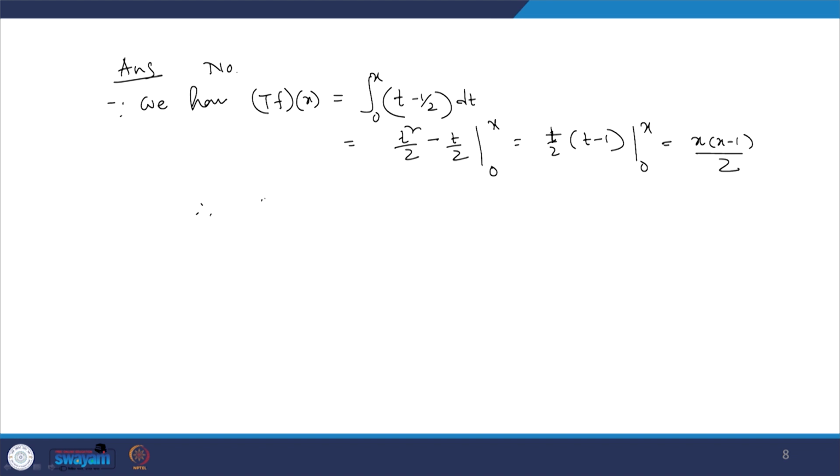This implies x minus 1 by 2 does not divide x into x minus 1 by 2. So the factor x minus 1 by 2 which initially divided the given function f x is now not dividing it. So this implies that x into x minus 1 by 2 does not belong to W1.